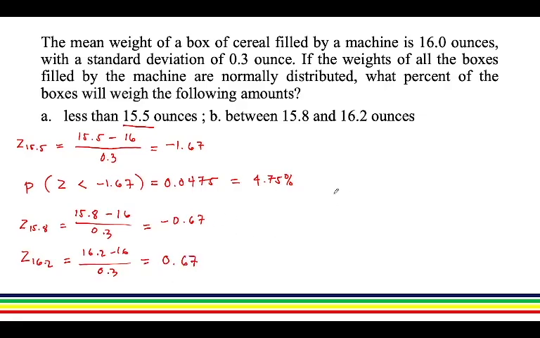With this, we have to find the probability of the z value from negative 0.67 to positive 0.67.